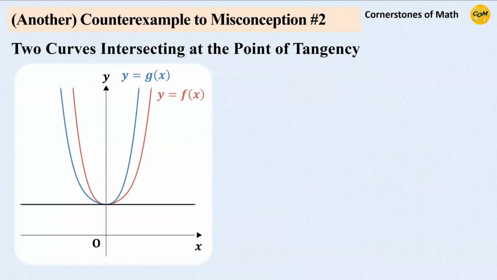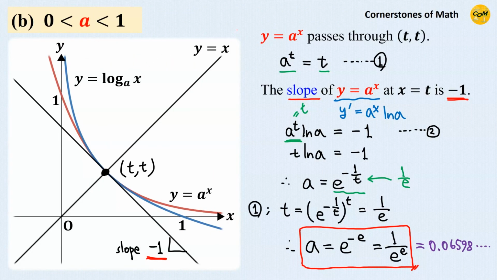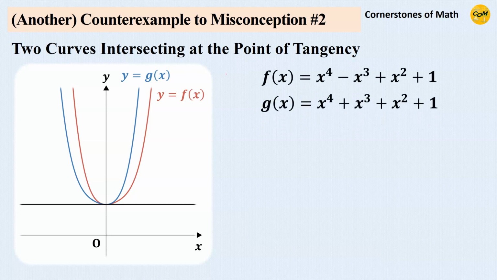And let us address the second misconception, that when two curves are tangent, they touch each other at the point of tangency but do not cross each other. We have already covered one counterexample to this, which was our main problem about exponential and logarithmic functions. But here I will provide you one more counterexample, this time with quartic functions. Consider these two quartic functions f(x) and g(x).